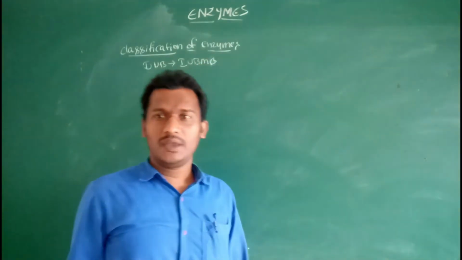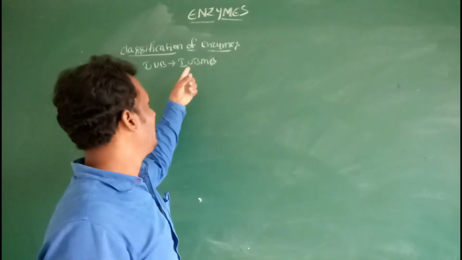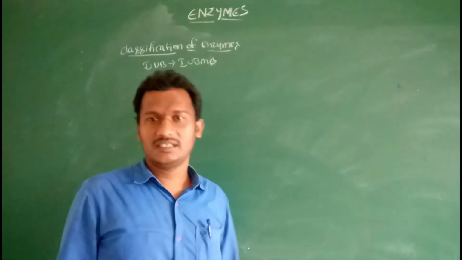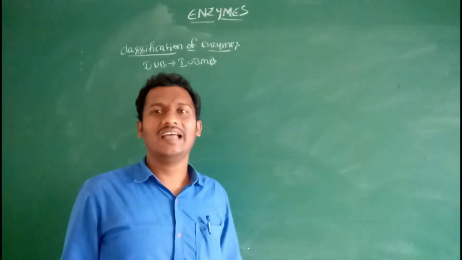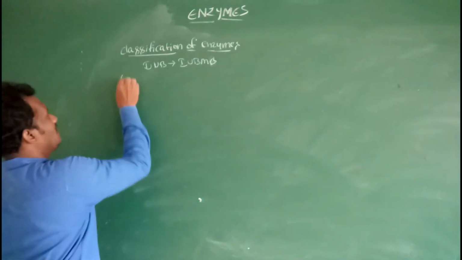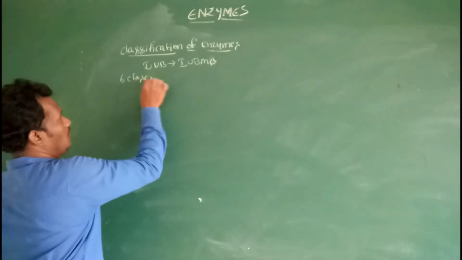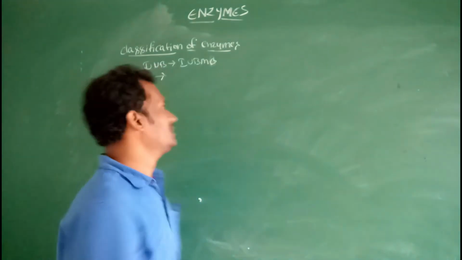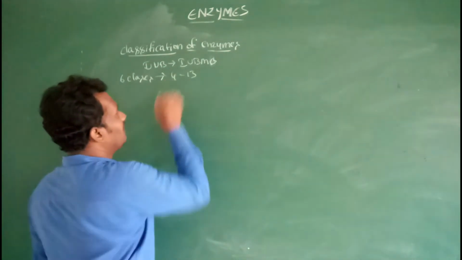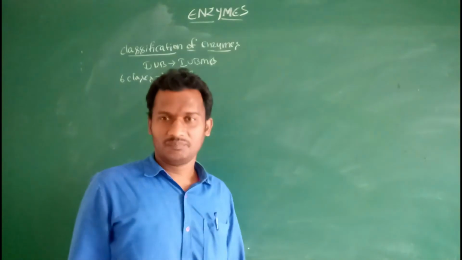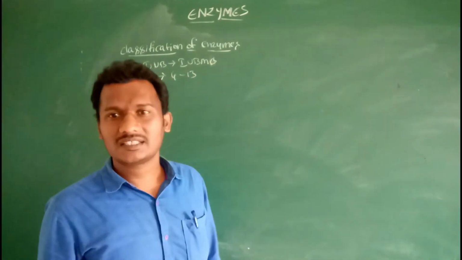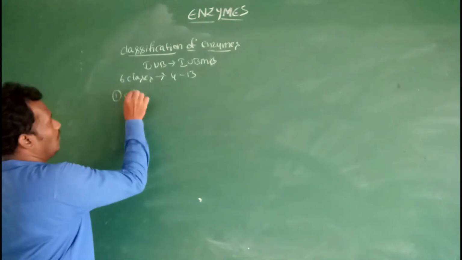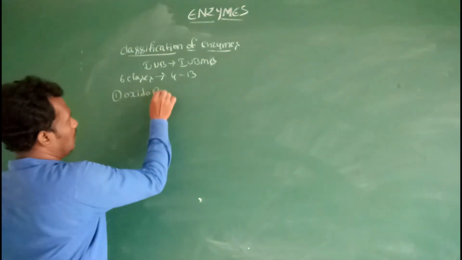IUB classifies the enzymes into 6 classes. Then each class is classified into 4 to 13 subclasses. So these 6 classes are: first one, oxidoreductases.